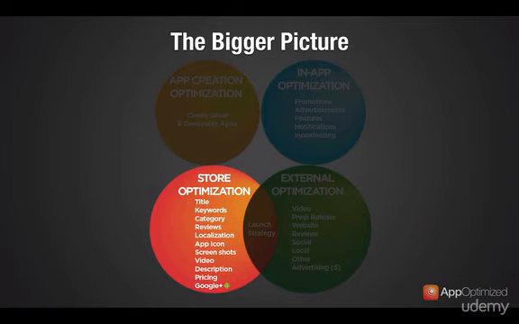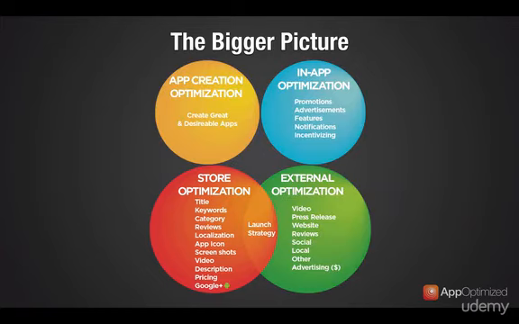I've listed most of them here, all the important ones anyway: the title, the keywords, category, reviews, localization, the app icon, screenshots, video, description, pricing, and on the Android side, you can see the little Android logo, Google Plus has a big influence on your ranking in the Google Play Store.